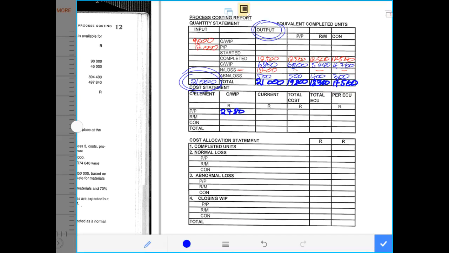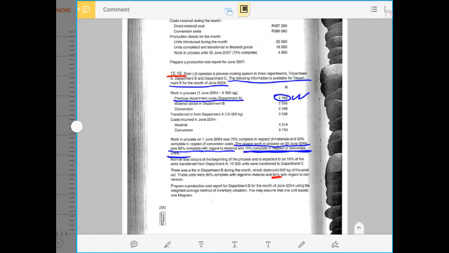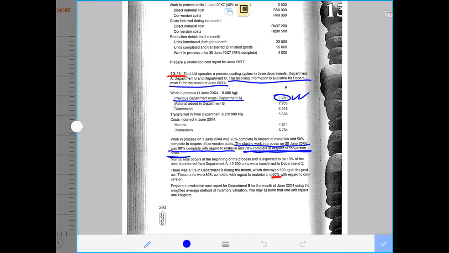Then we check for other costs. Another cost that we see here is the cost of material that was added in department B, and conversion costs that were added in department B, 2,205 and 2,046. Remember, these are under the opening balance, 1st of January.